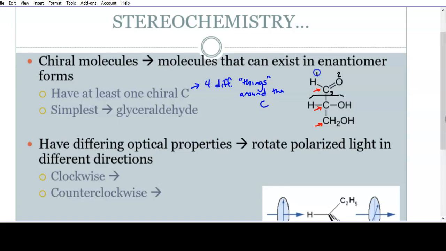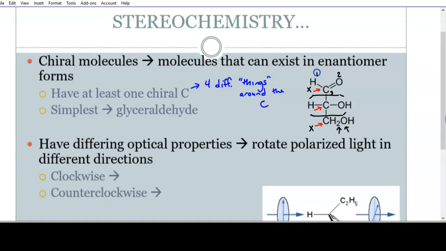If we look at the carbon on the bottom, it's indicating to us that there are 2 H's on it, as well as an OH, and then also this whole group here. So it also is not chiral.